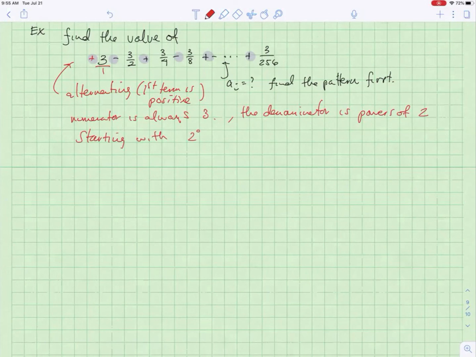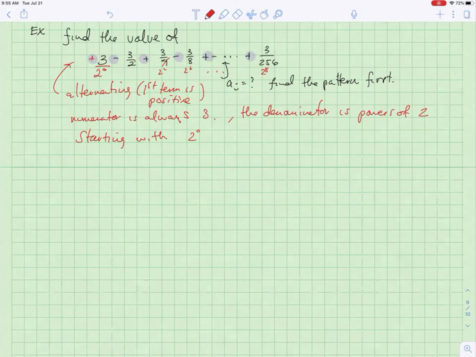So I can rewrite this as 2 to the 0 power, 2 to the first, 2 squared, 2 cubed, right on down the line. And this is 2 to the 8th power. So it looks like we're going to have a total of 9 terms. 0 to 8 is 9.